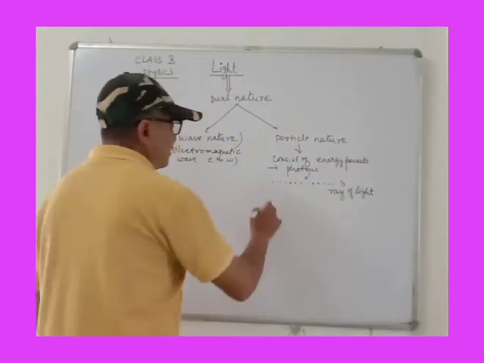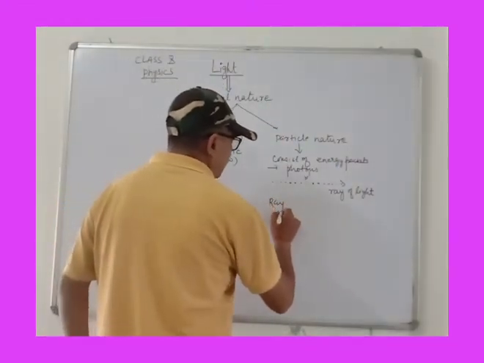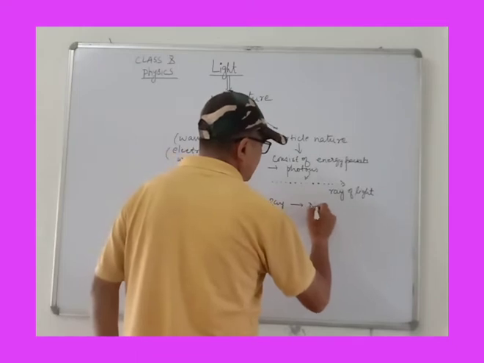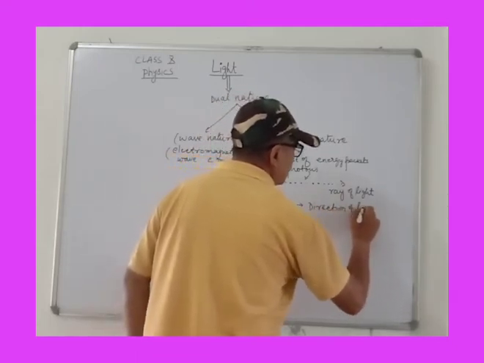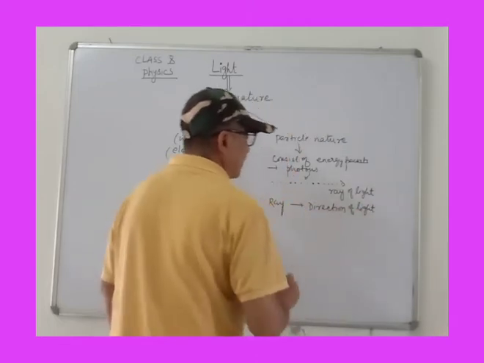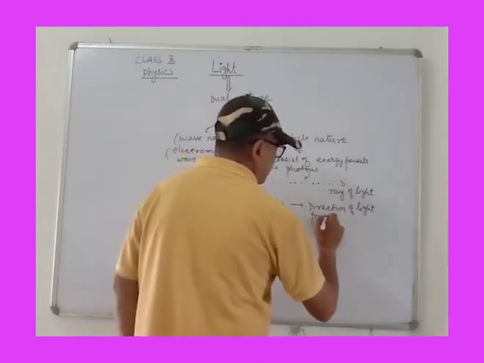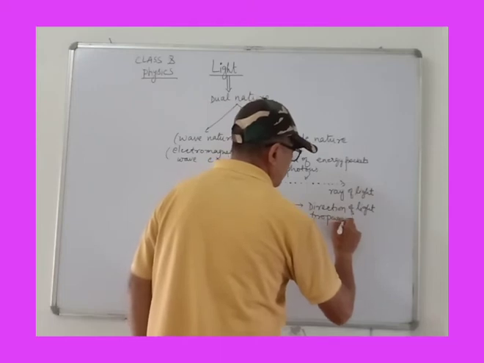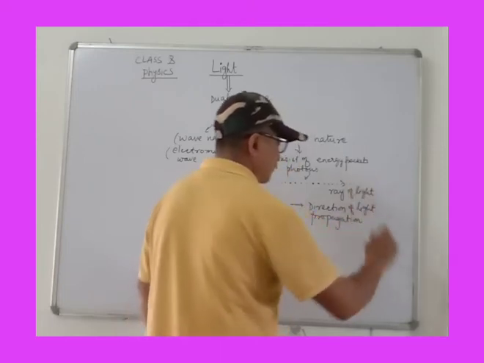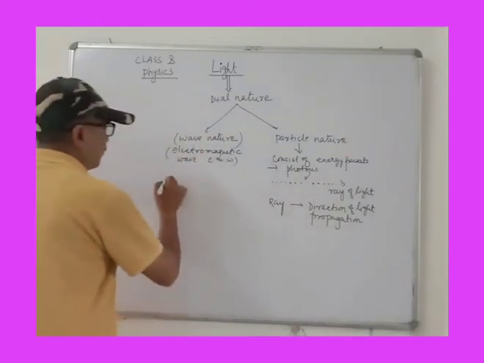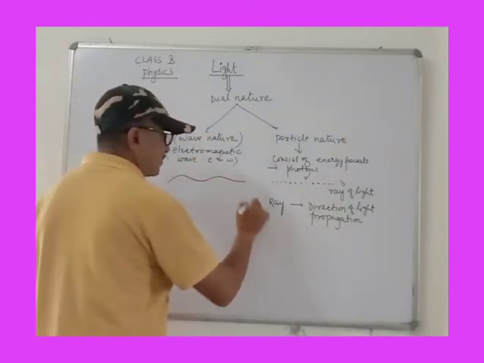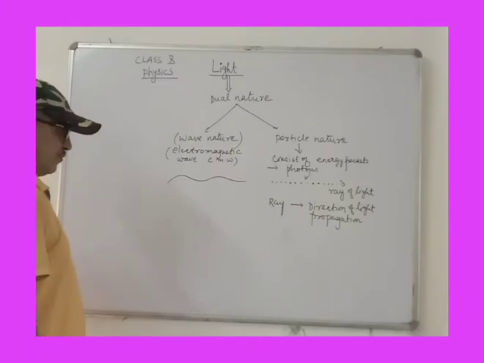What is ray actually? Ray means direction of light propagation. Okay, suppose there is a wave I will show here. Wave of light is there. Okay, there is a wave.